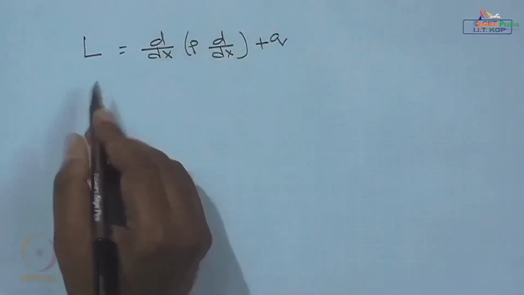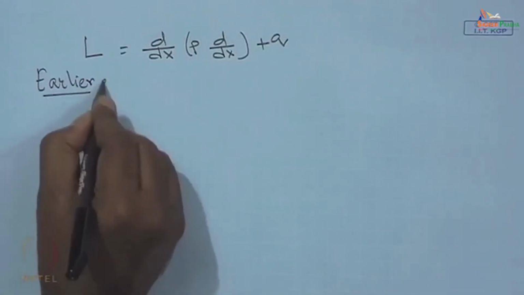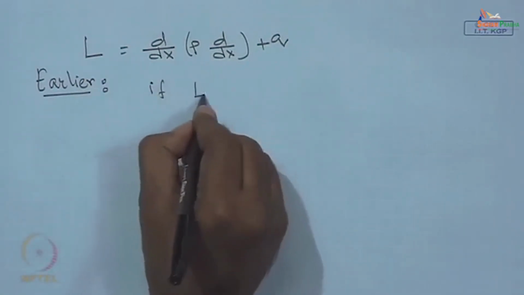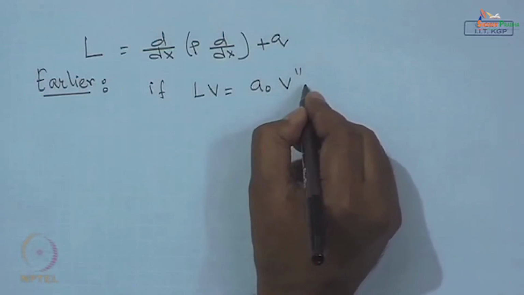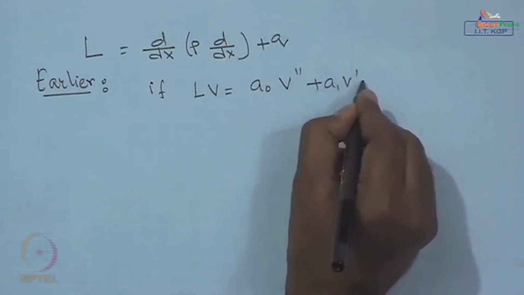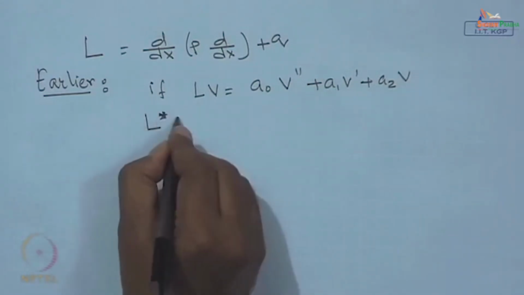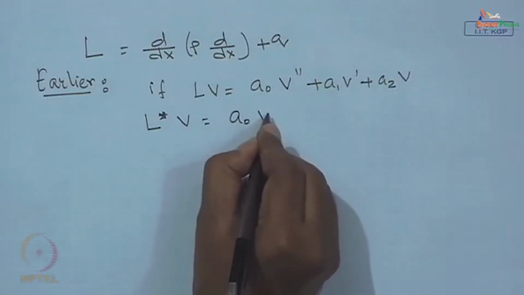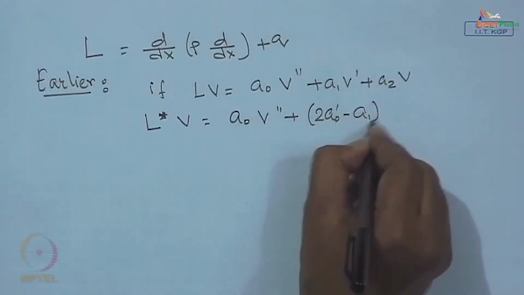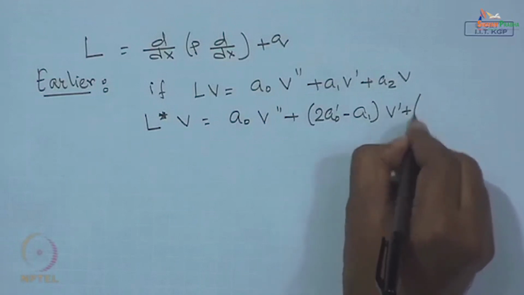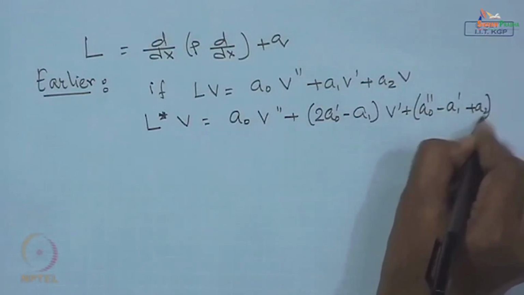Okay. So, we have already seen in the last class that if L of v is a0 v double prime, that means d square v/dx square, plus a1 v prime plus a2 v, then the adjoint operator L star v equals a0 v double prime plus 2 a0 prime minus a1 times v prime plus a0 double prime minus a1 prime plus a2 times v.